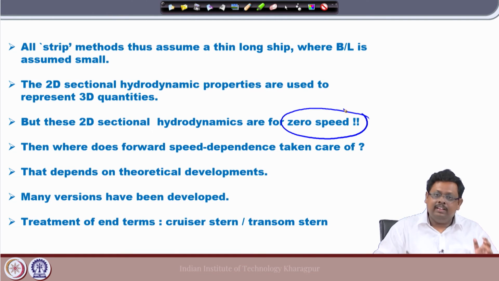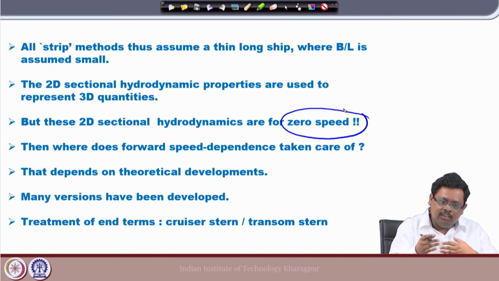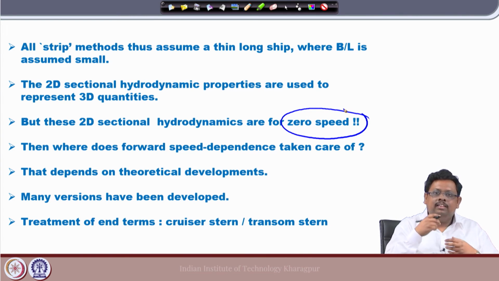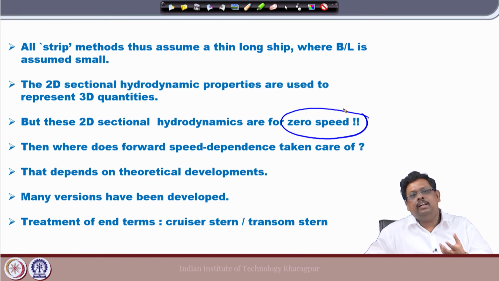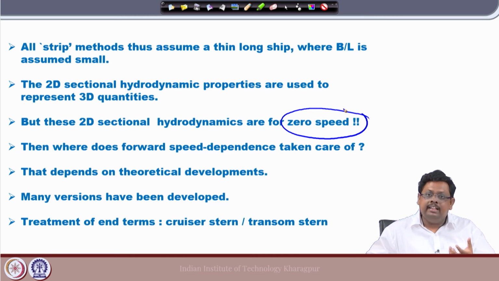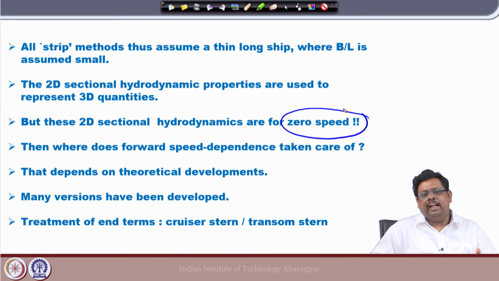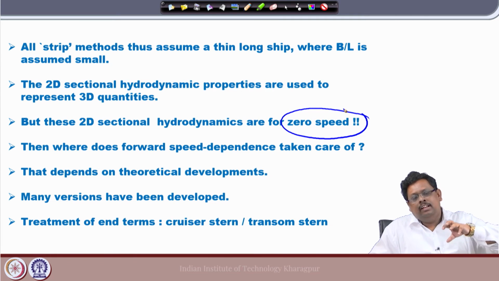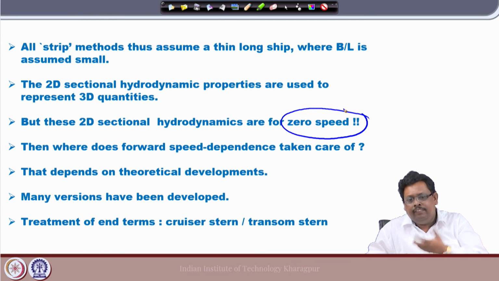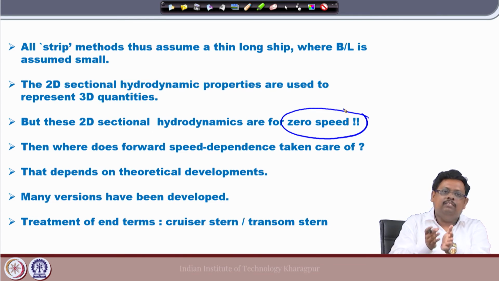So, the strip theory means how we can incorporate this forward speed effect. That is the next point: how is the forward speed dependence taken care of, and that is the essence of the strip theory. Again, how we account for the forward speed is not unique. It is not that there is only one method.